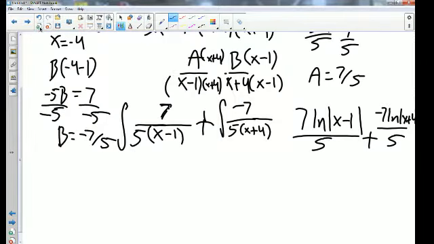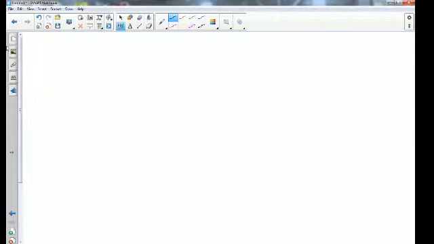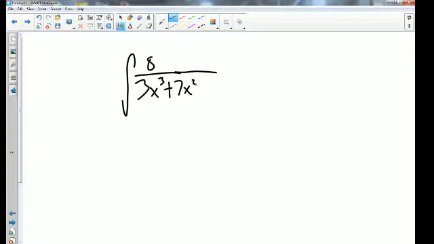And then for the next example, we're going to do the integral of 8 over 3x cubed plus 7x squared plus 4x.